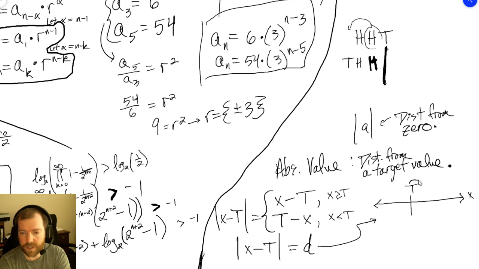So we can go d in the upward direction and get a particular value, or we can go d in the lower direction and get a particular value. When you do that, now you've got down here, this is t minus d, and this is t plus d, and these are our solutions.